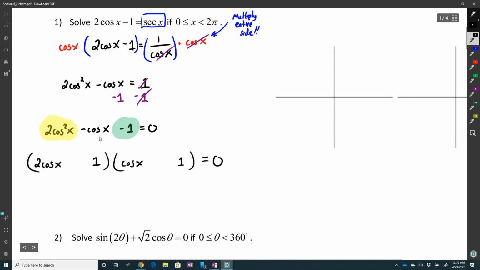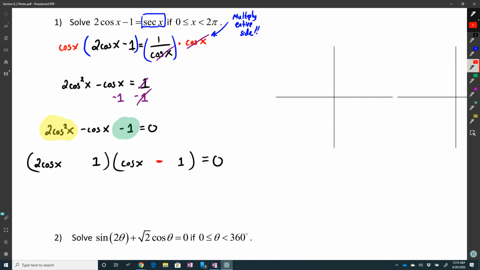Now the problem is, what do the signs need to be in order for it to work out? Is it plus or minus? Well, that's what we've got to figure out. This is where we kind of do it in our head. First times first gives me 2 cosine squared x. Then I want the 2 cosine x to be negative, so I'm going to put the minus right here.